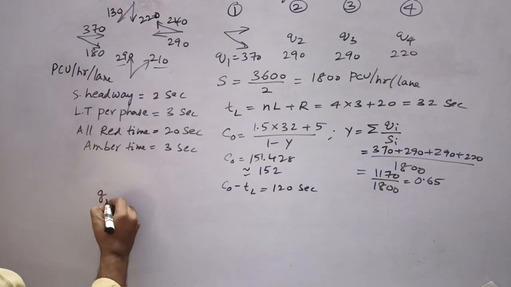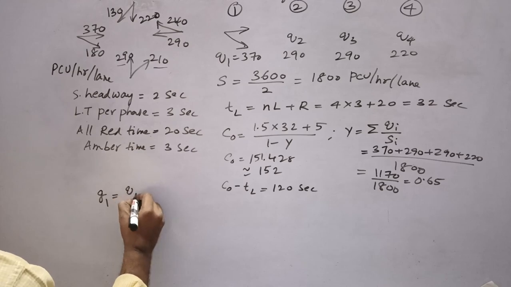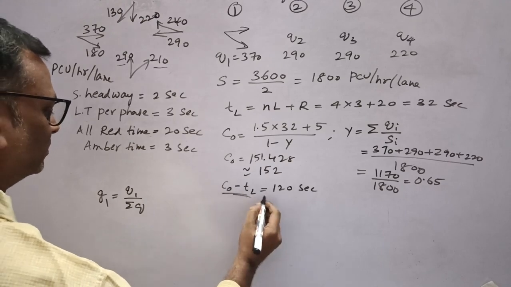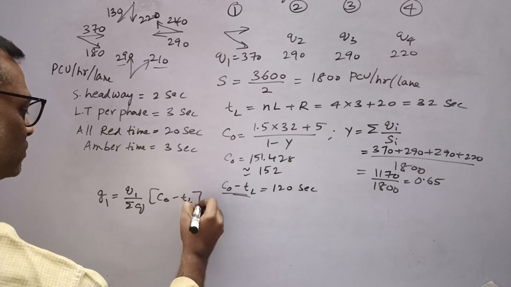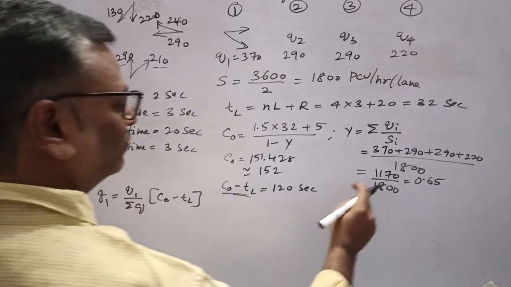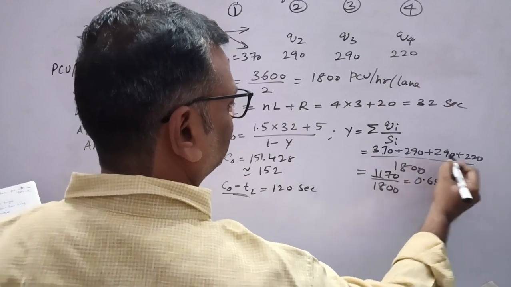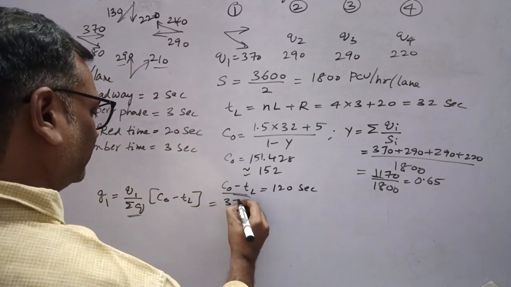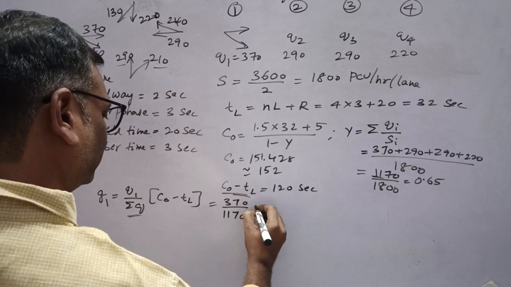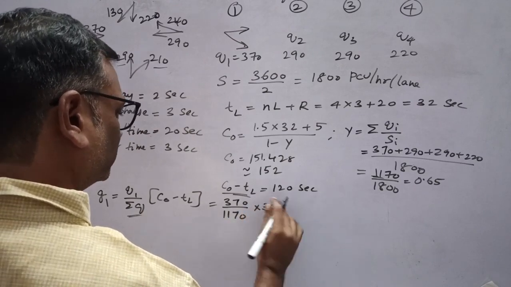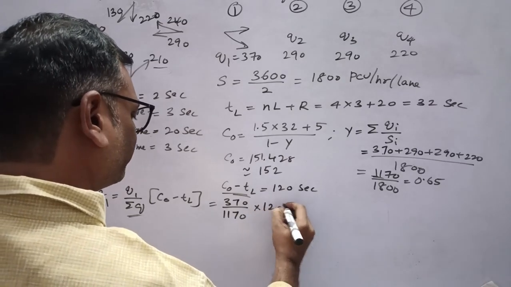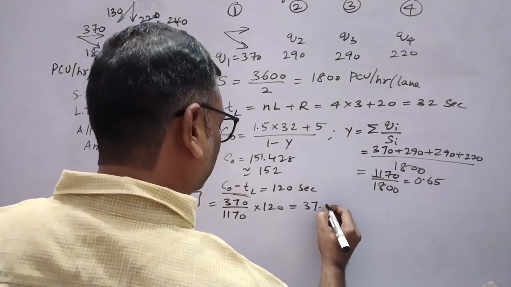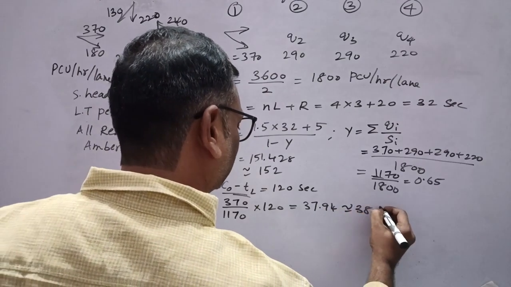And we know effective green time is Q1 by sigma Q into C naught minus lost time. So sigma Q we have 1170, which gives us 370 by 1170 into 120, which comes as 37.94. We take it as 38 seconds.